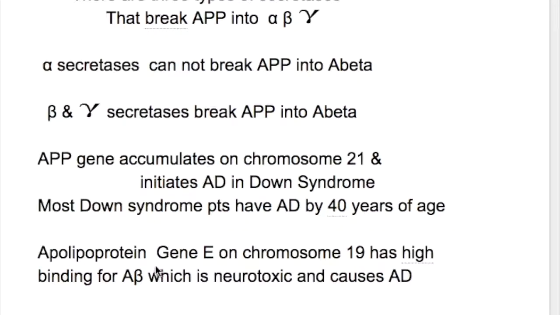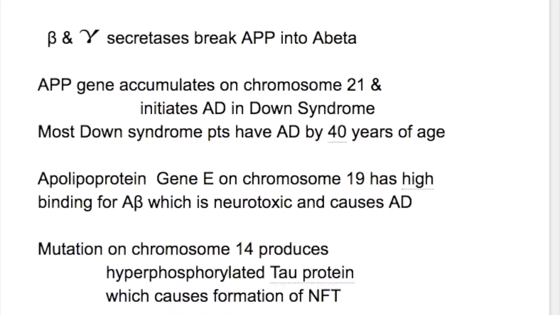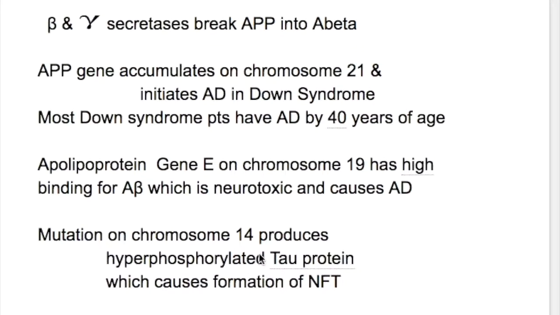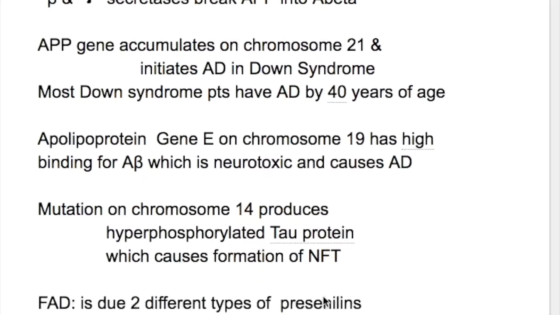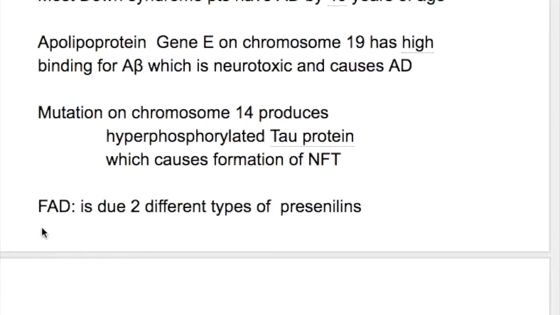Next, apolipoprotein E gene on chromosome 19 has high binding for A-beta, which is neurotoxic and causes Alzheimer's disease. Next, mutation in chromosome 14 produces hyperphosphorylated tau protein, which causes formation of neurofibrillary tangles. Now, familial Alzheimer's disease.